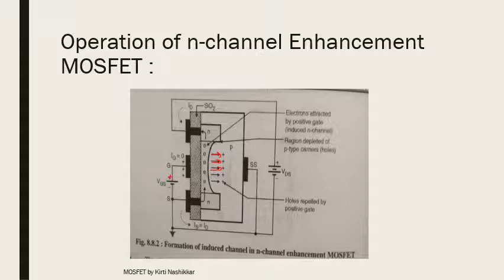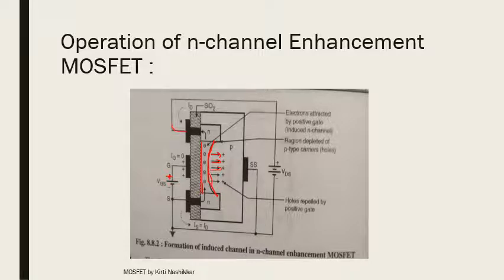Okay, because of the positive voltage, the minority electrons have diffused here at this point. As we increase the positive voltage here, more and more minority carriers diffuse. Because of that, a depletion region is created here, and this depletion region is connecting these two highly doped N regions, and that's why now we can say that the channel is created which contains the electrons. As the electrons are present over there and we are giving the positive gate voltage, the conduction starts, because your drain terminal is also positive.